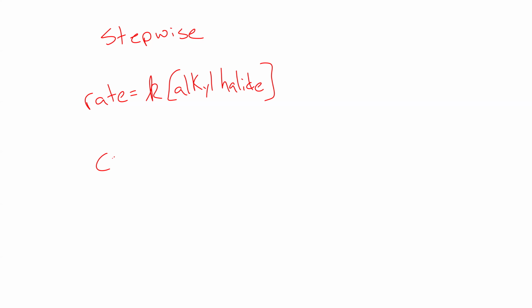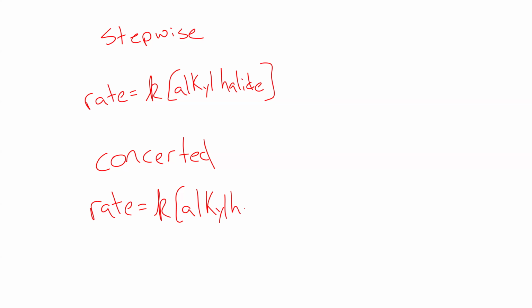If it's concerted, that means that both of them affect the rate. So the first part looks the same, but then it also has that second term, the nucleophile concentration.